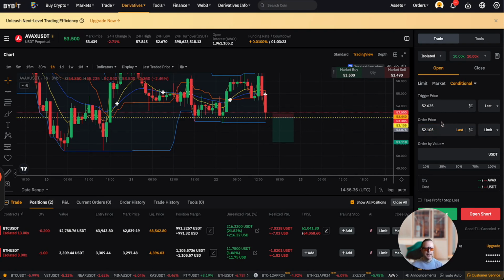53,105. And by order value, again, for the third time, we're going to do $200. So now I'm in this trade setup with the conditional order where it literally has to go down here, show me the deviation, which may or may not be right. I mean, right? Because this was deviation from the first one, and it obviously went way back up.